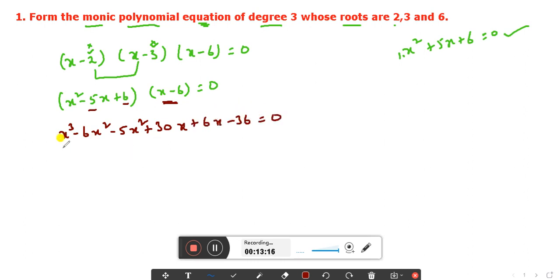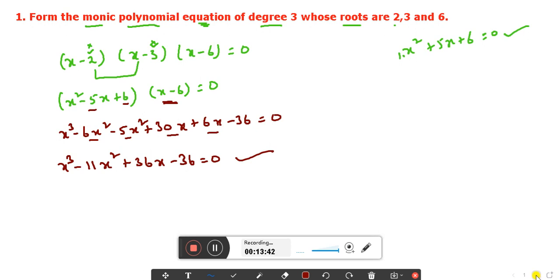Finally all like terms we have to add here. Which are the like terms here? This is an x square term, this is an x square term, we can add them, so that becomes minus 11x square, and these are the like terms, that comes as 36x minus 36 equals 0. This is the required monic equation which has third degree.